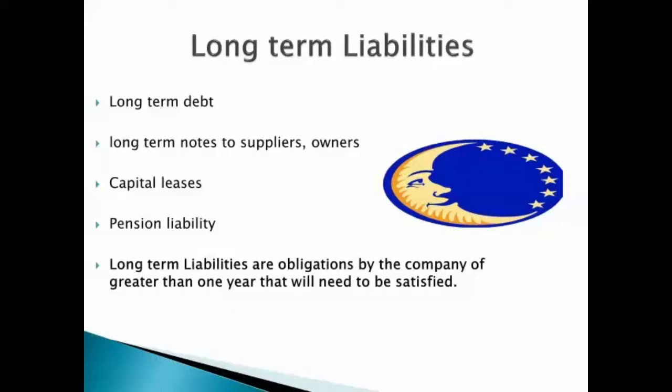So there are times in medium-sized or small companies that the owner puts some money in and it lets the company get through a tough time, but then the company is going to owe the owner back the money. Or maybe you have a big supplier and you do set up a note with them over a period of time. And so that could be another issue.